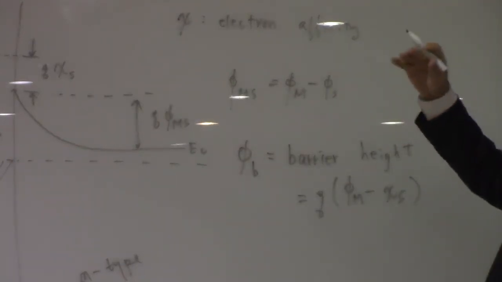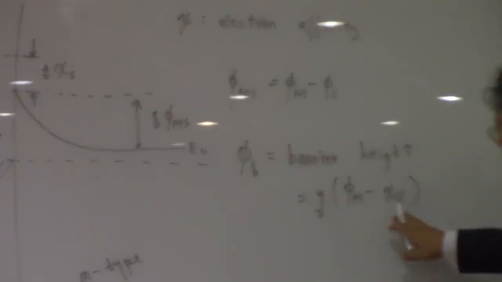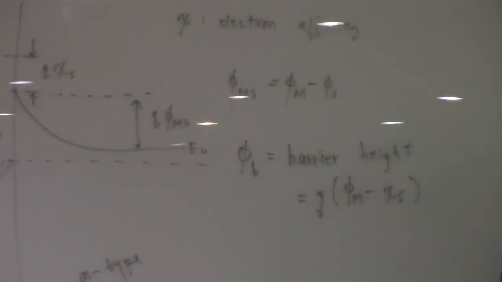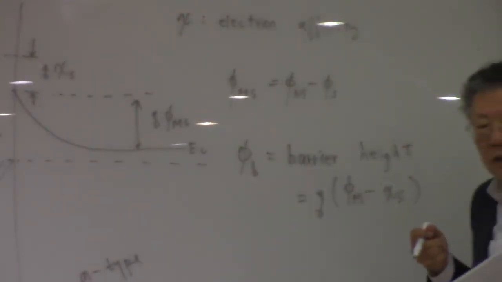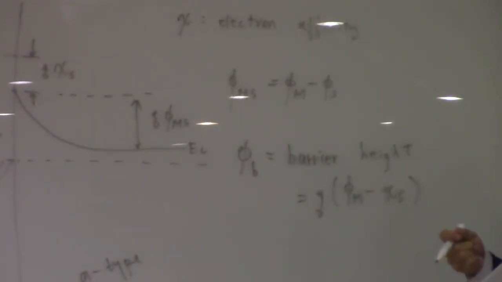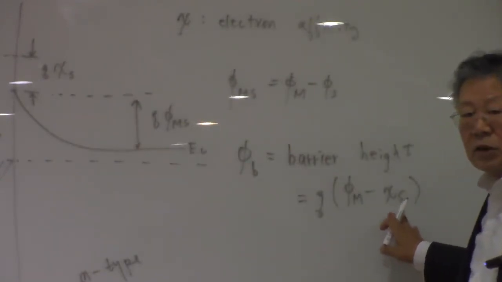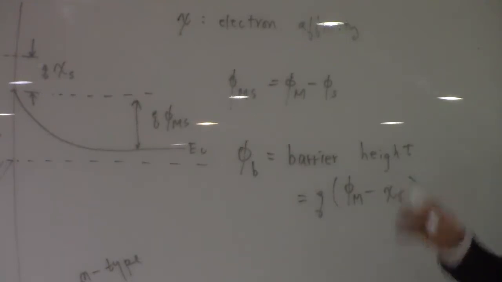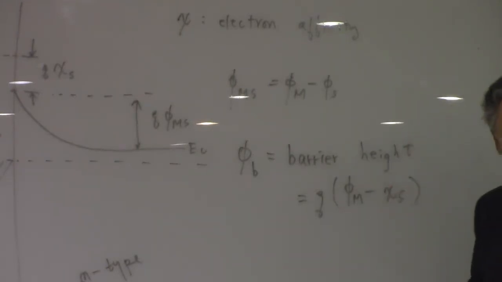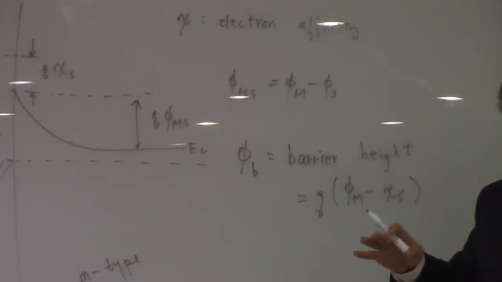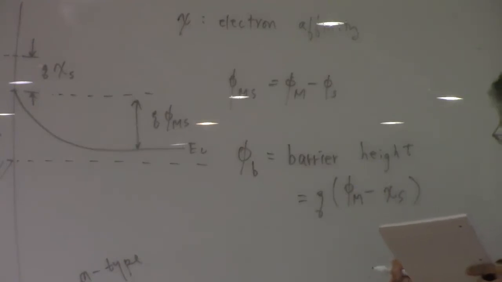We call that affinity, the energy required to take out the electrons from the semiconductor. In the semiconductor case, the most energetic electrons are in the conduction band, not at the Fermi energy, the Fermi level, like metals. That's the difference between metal and the semiconductor, right?